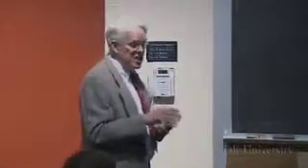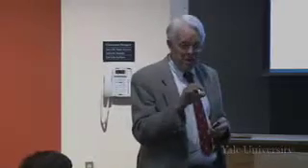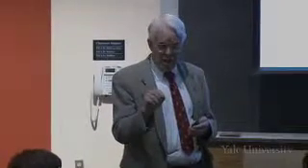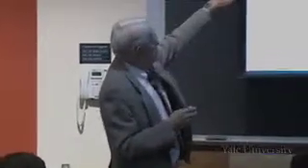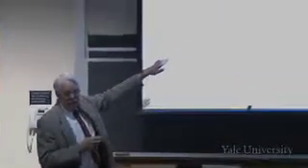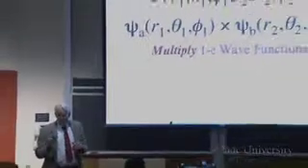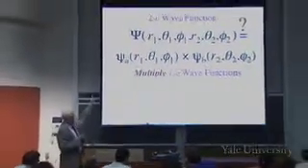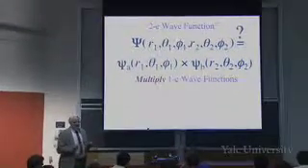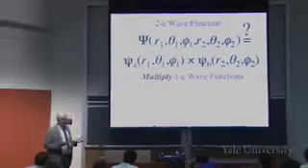Remember, what these things are is just numbers. If you put in some value of position of electron 1 and some value of position of electron 2, this first thing will give you a number, the second thing will give you a number. If you could multiply those two numbers together and get the number for the total wave function, that would be really great, right? Because then you'd know how to do it.